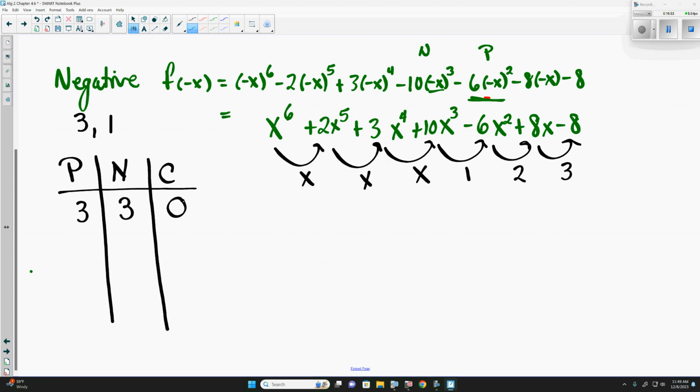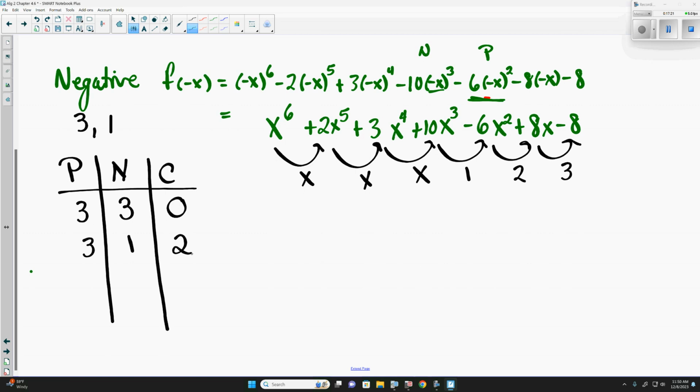Because going across, these should always, for this one here, add up to be 6. Now I always decrease the negatives first, because another option we could have is 3 positives and 1 negative. But if I have 3 positives and 1 negative, that is 4. We need a total of 6, so I'm missing 2. So if there's 3 positives and 1 negative, there has to be 2 complex.